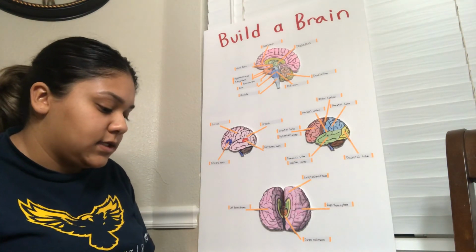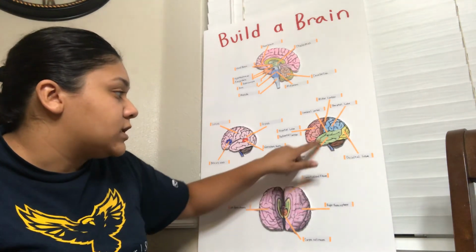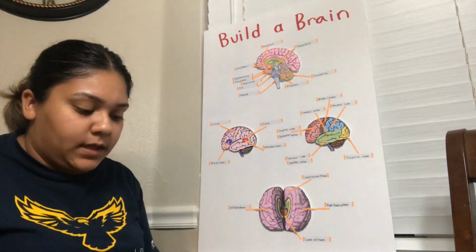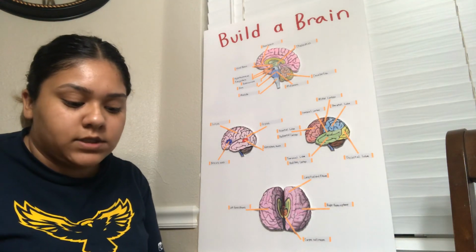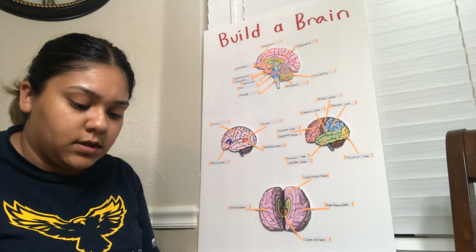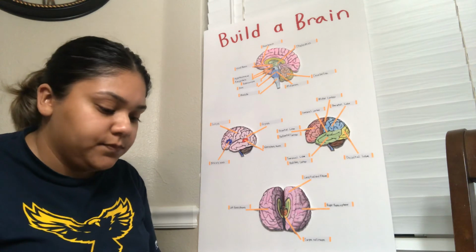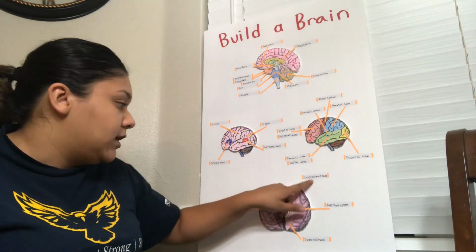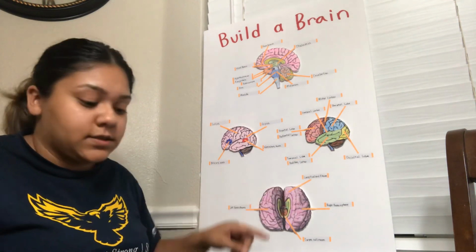The next one is the auditory cortex, which is also this green part. And the auditory cortex function is to process auditory information in humans. The next one, I'm not even going to pronounce it.